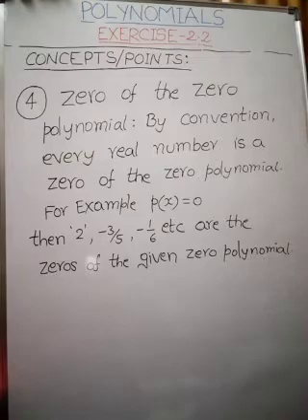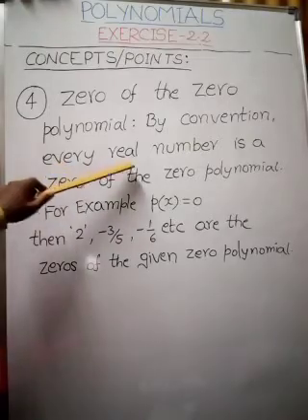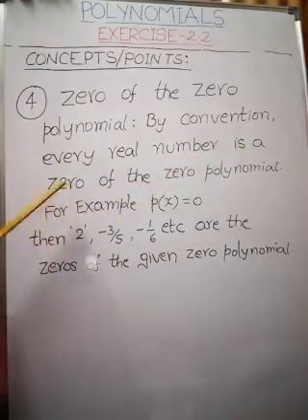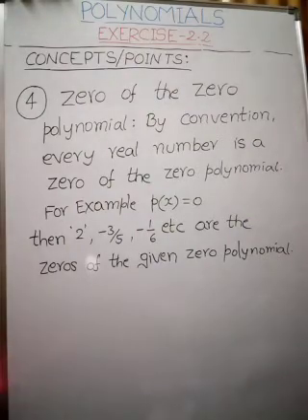By convention, every real number is said to be zero of the zero polynomial. We can take any real number. Any real number is a zero of the zero polynomial.